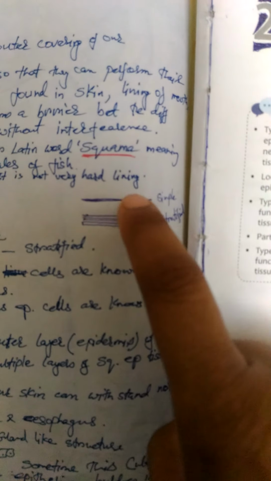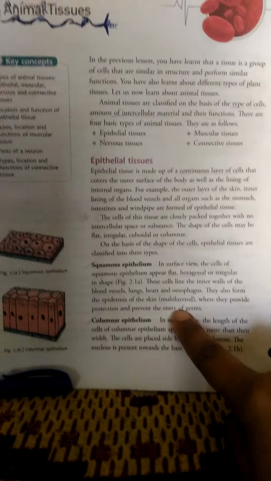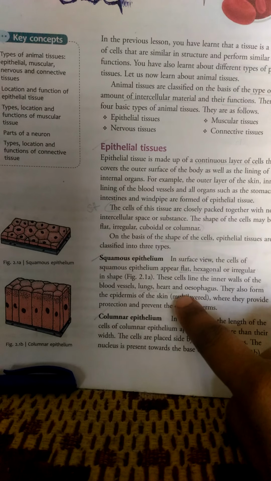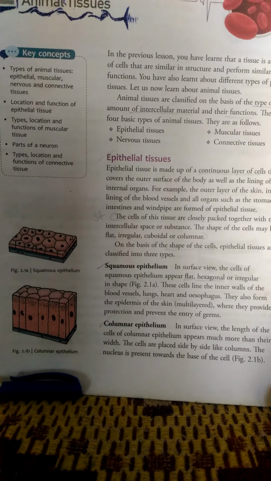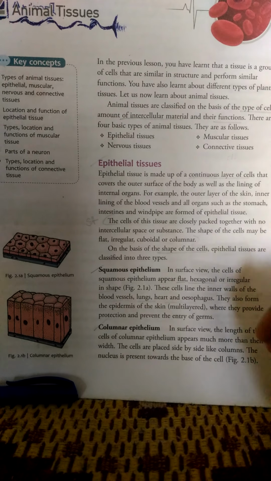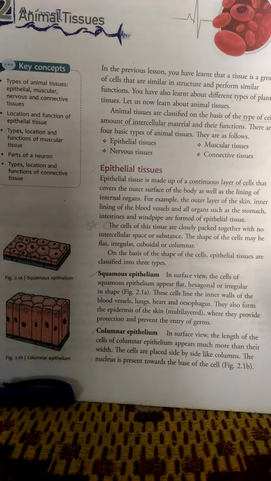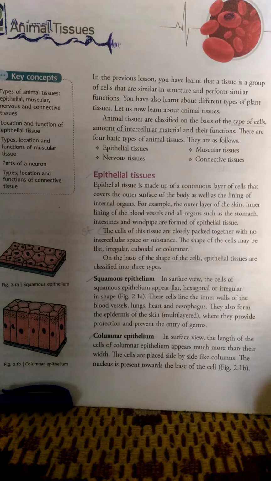Okay, our skin is made up of this stratified squamous epithelium. As you can see here in your book, there is mention of multi-layered. This is the same meaning as that. That means a number of such squamous epithelial layers form the outer covering of our body, and this happens mainly to withstand the wear and tear of nature. Fine.